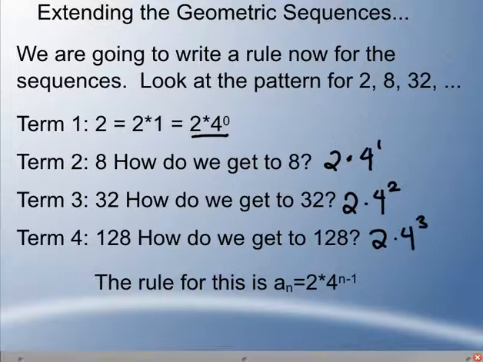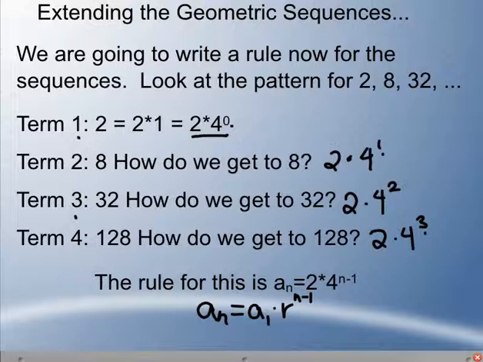If you look at those exponents, what you'll notice is that if it's an exponent of 0, I have my first term, my second term gives me an exponent of 1, the third has an exponent of 2, the fourth has an exponent of 3. It's always 1 less than my term number, because my general form is a sub n is equal to my first term, a sub 1, times my constant ratio to the n minus 1 power.